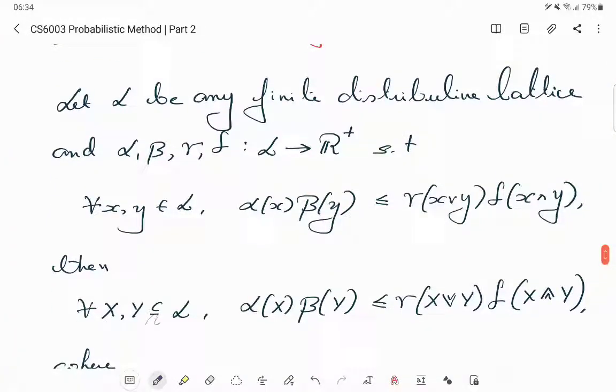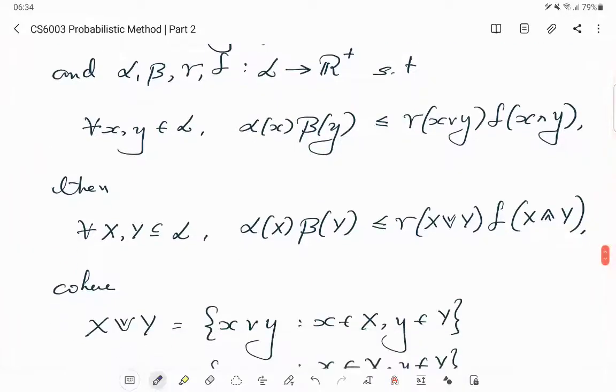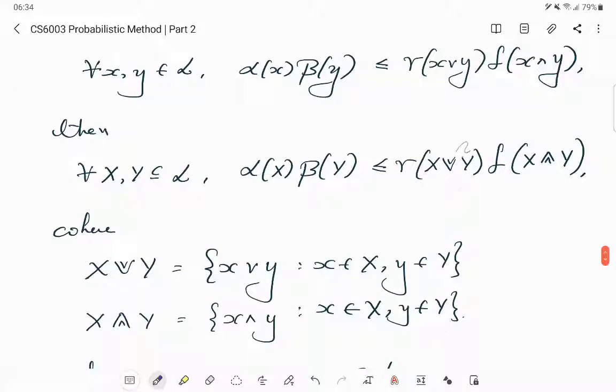That's what this line says, and you would have guessed the pairwise join and pairwise meet operations. I'm just stating them for completeness. The pairwise join of two sets is obtained by going inside the two sets, taking every element from the first set and every element from the second set, and taking their join.